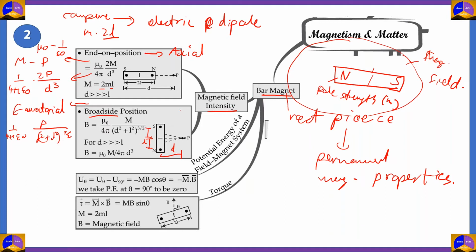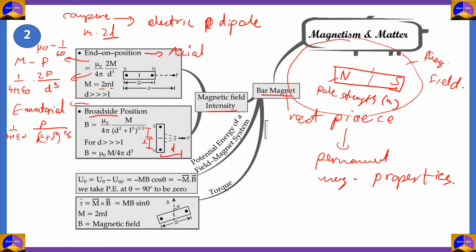So the magnetic field intensity for a bar magnet at its broadside position, at a point on its equator, is given by the formula mu naught by 4 pi, the constant called permeability in free space, times m, which is the magnetic moment, divided by d squared plus l squared raised to 3 by 2.